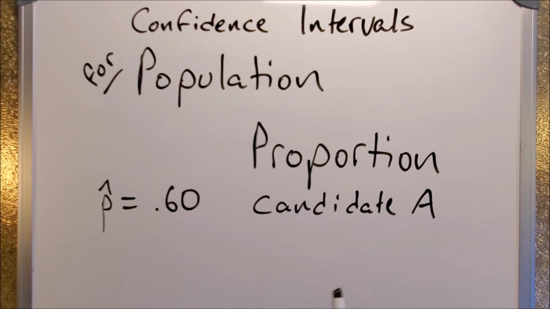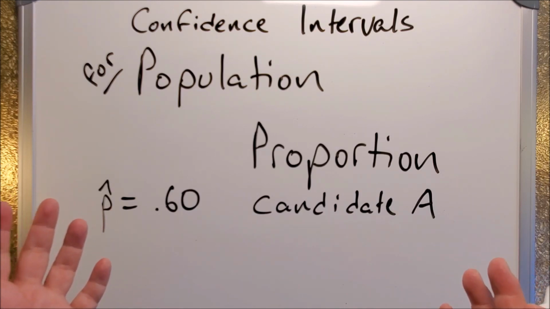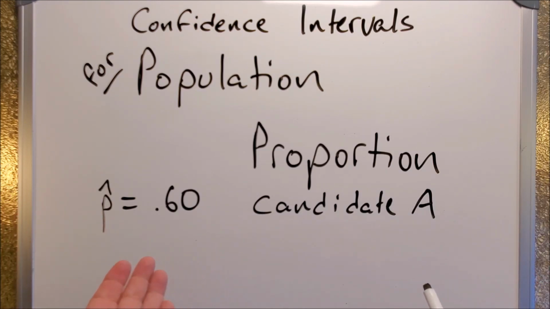And without getting too much into the weeds right now, because it's not really the point of this video, depending on the circumstances, for example, whether you're trying to get a proportion for continuous data or discrete data like candidate support, the probability that you're exactly correct is either near zero or zero. We'd have to talk about calculus to prove exactly why that's the case, but it is. You're probably not going to be correct.